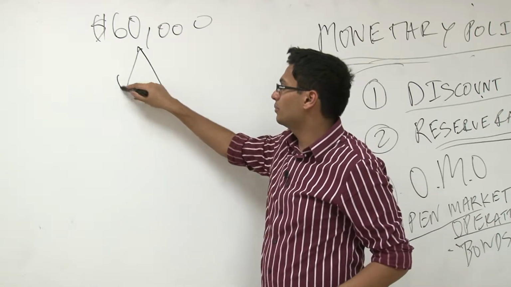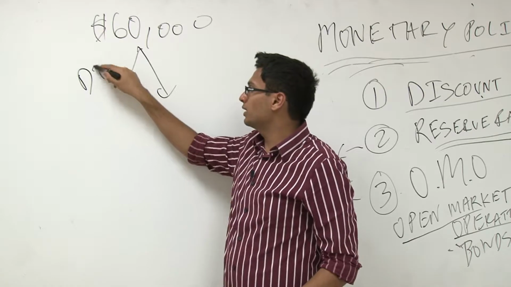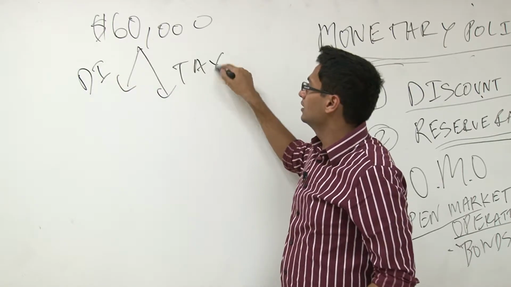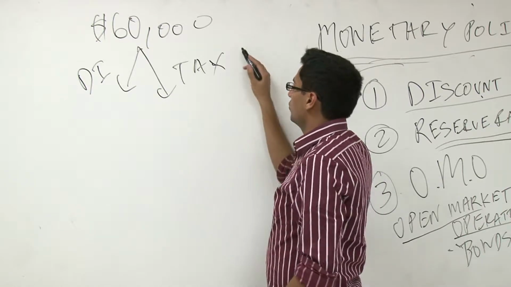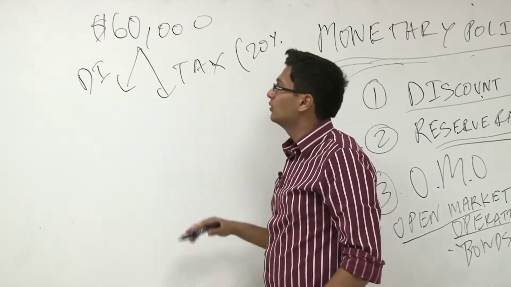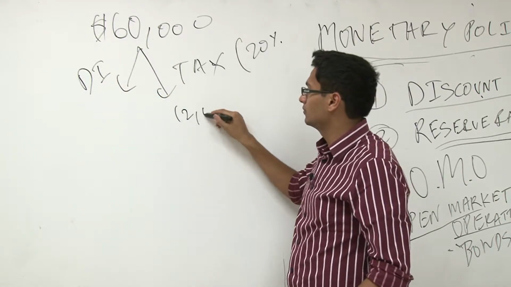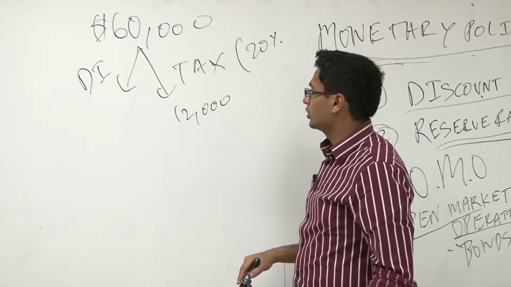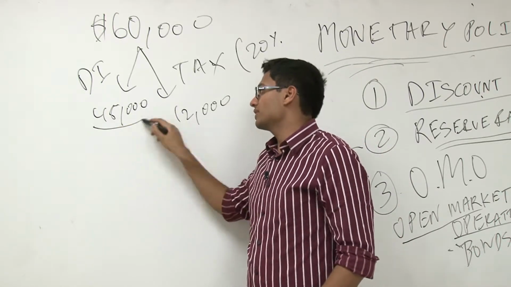Remember that if this is your income, you have your disposable income, and then you have your tax. Let's say he gets taxed at 20%. Well, 20% of $60,000 happens to be $12,000. The other part happens to be $48,000. So Joe the Plumber has $48,000.